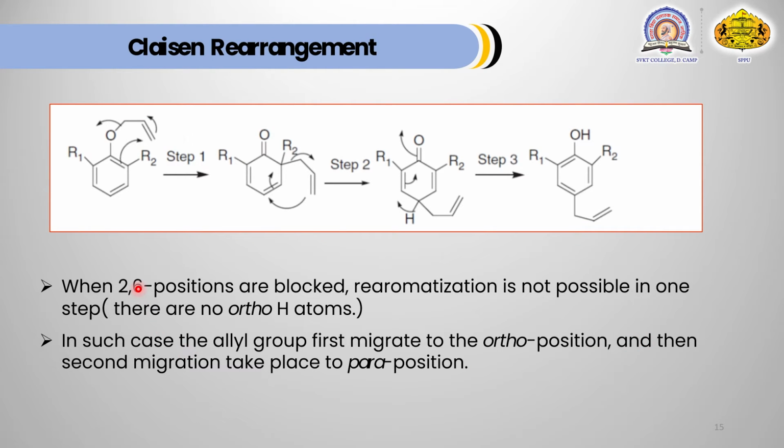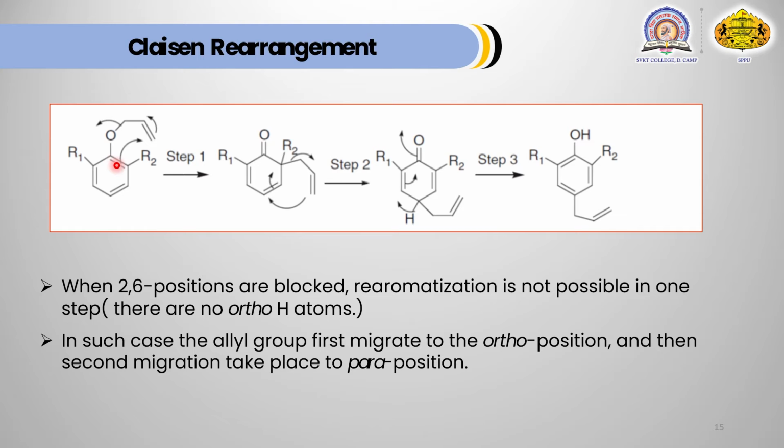Now let's see here. If you term this carbon as carbon number 1, this is carbon number 2. This is 3, 4, 5 and 6. In this case, positions 2 and 6 are blocked, meaning substituents are already present. R2 is present as well as R1 is present.